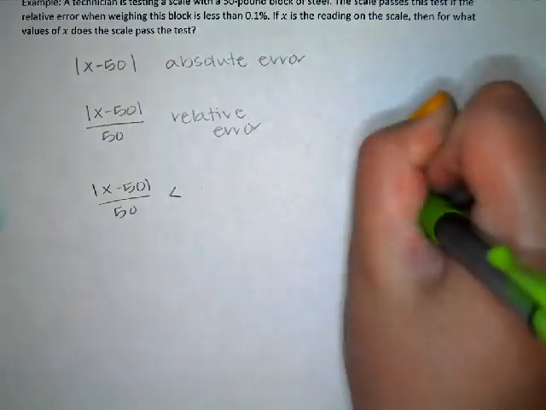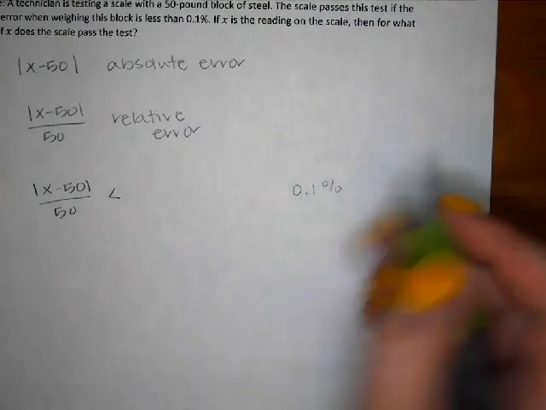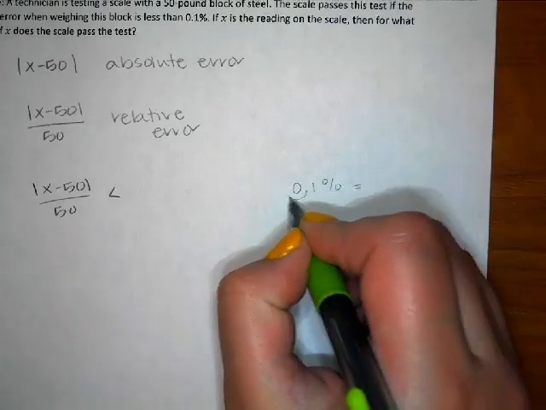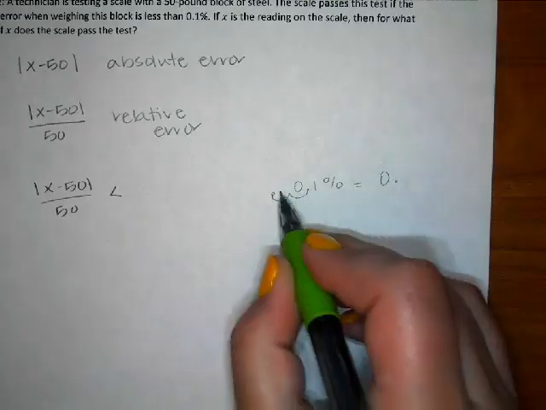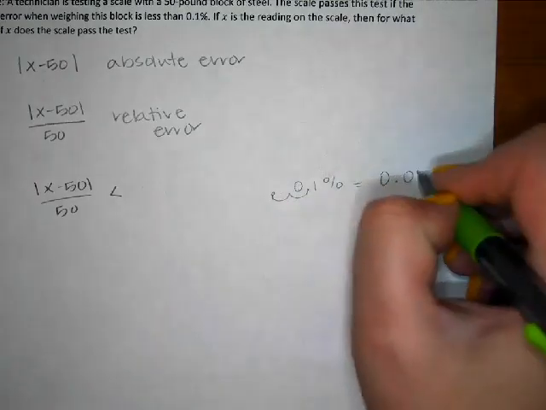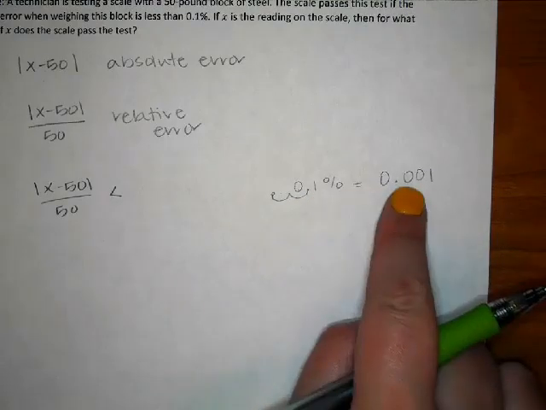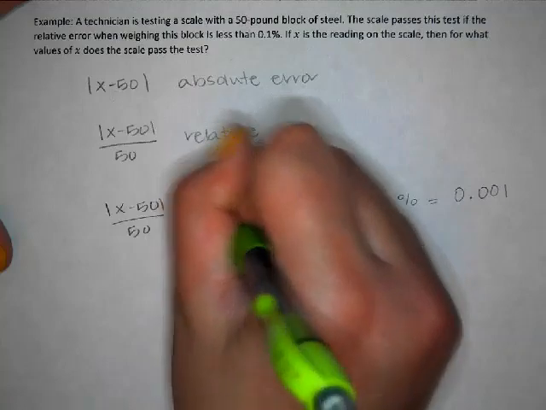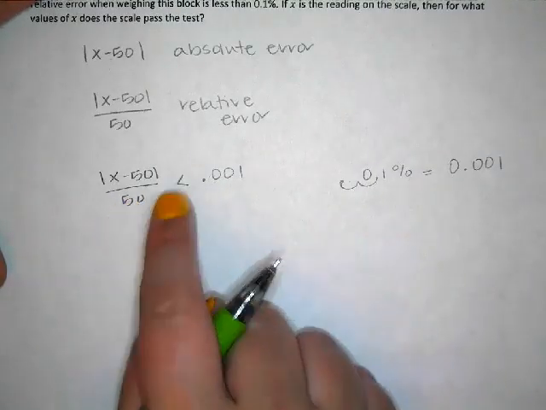For you to use a percentage as a number, we have to take the decimal and move it 2 places to the left. 1, 2. So this would be 0.001. So 0.1% is the same as 0.001. Okay, so we want the relative error to be less than 0.001.